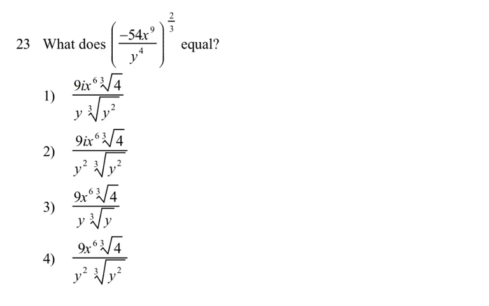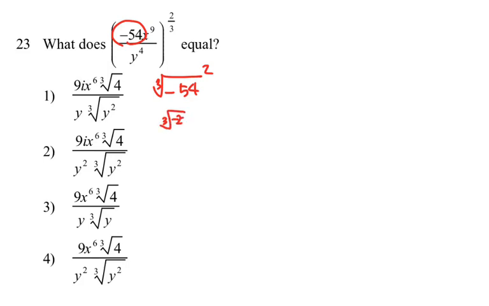Now we want to simplify this one. Let's see what's happening with -54 raised to the 2/3 power. With a denominator of 3, this is essentially the cube root of -54, and you raise the whole thing to the 2nd power.